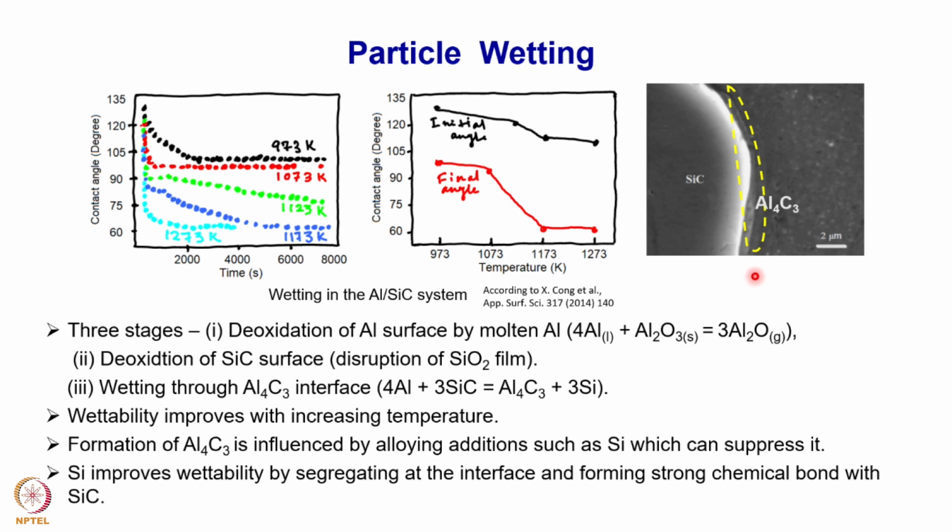And you can also see the effect of processing temperature over here. When you increase the temperature, you can see how the contact angle is influenced. So the higher the temperature, the lower the contact angle, but after a certain time it stabilizes, as you could see from these plots.